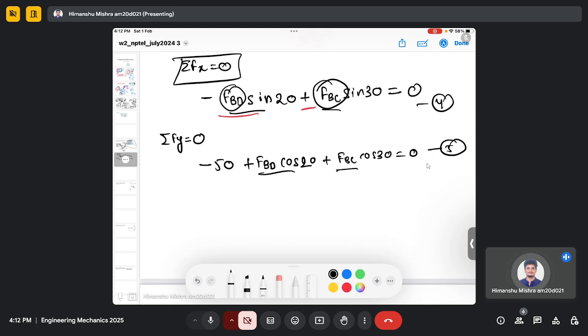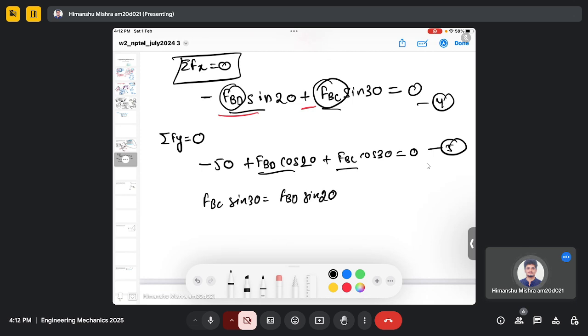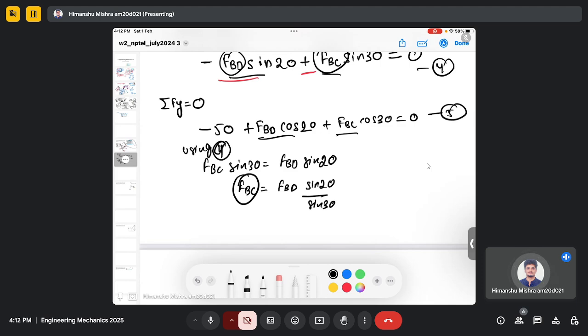So from equation 4 we have FBC sine 30 equals FBD sine 20. Now it's all an algebraic, mathematical exercise. So I can write force at BC as force at BD sine 20 divided by sine 30. You can also write FBD on the left side and FBC on the right side. It doesn't matter.